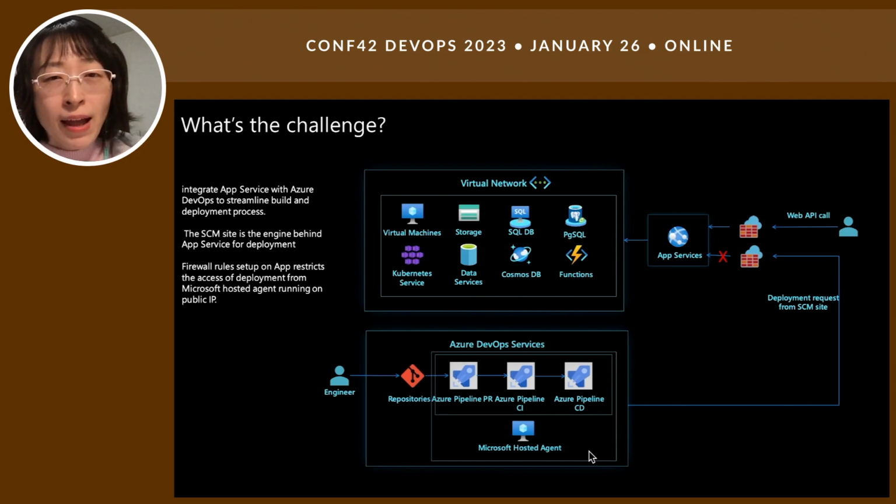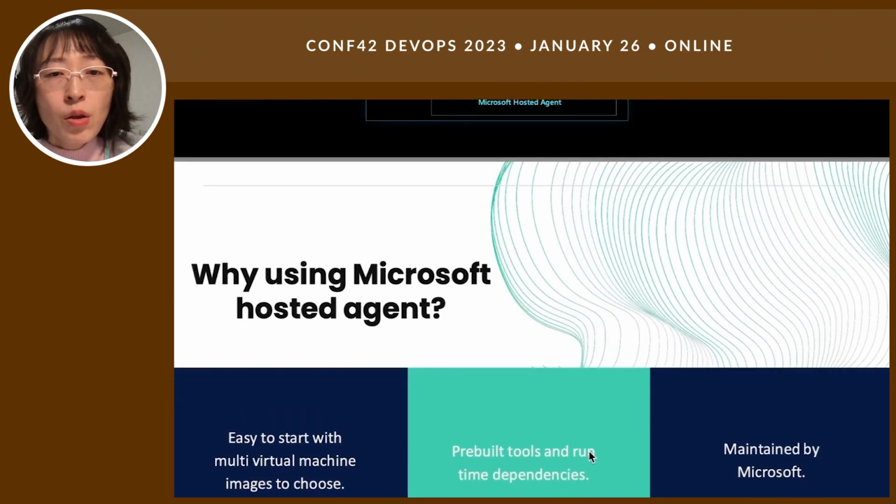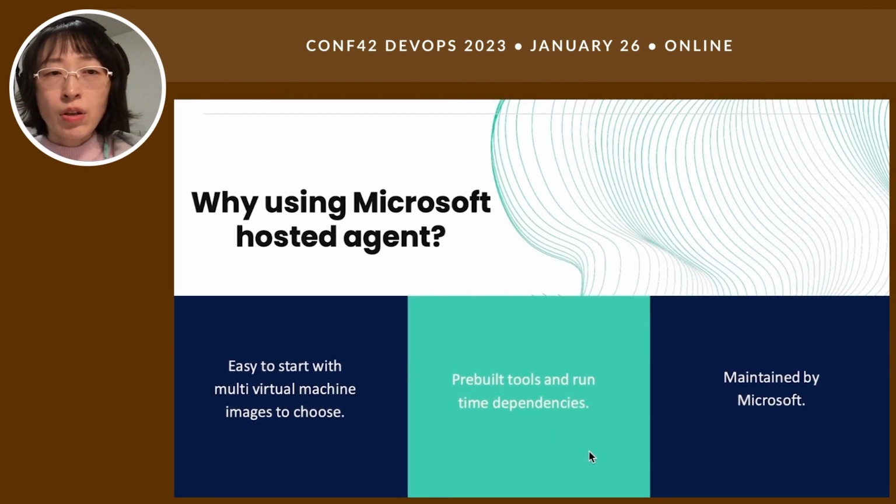Before that, you may have a question in your mind. Why were you using a Microsoft hosted agent, which runs on the public network and causes this challenge? Well, the reason is it's so easy to start, because the Microsoft hosted agent provides so many virtual machine images that you can choose. You don't need to worry about building the different images from the start, but can quickly start your deployment and development work.